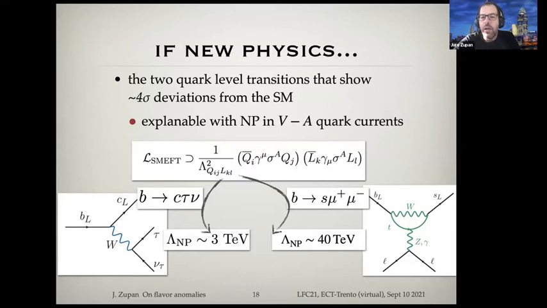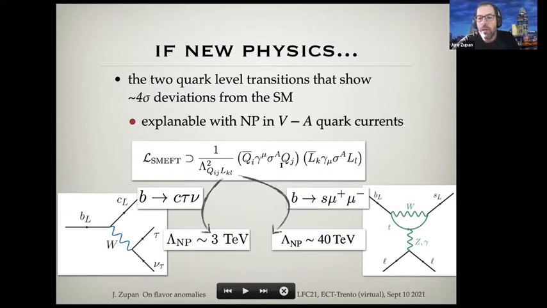All right, so let's say this is new physics. What would it mean? I said there are two quark level transitions. One was B to C tau nu, and the other one is B to S mu plus mu minus. In the standard model, the first is a tree level W exchange, a charged current that happens at tree level, with some suppression because of the V_cb CKM element, but it's relatively minor. And the B sub s to mu plus mu minus is a one loop induced process times the CKM suppressions.